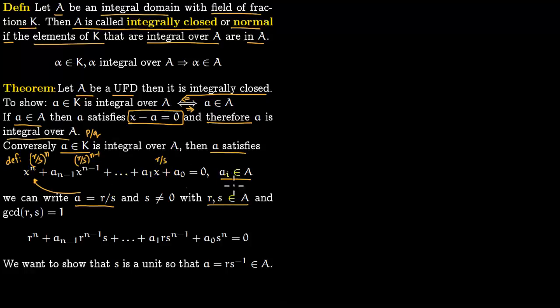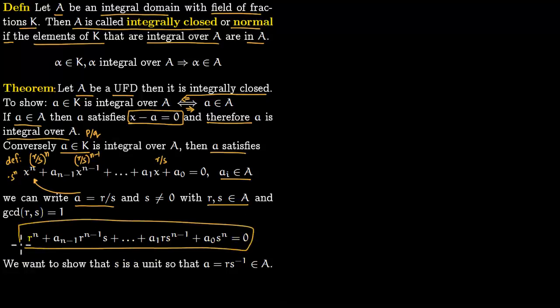Now you multiply the entire equation, both left hand side and right hand side, by s to the n. The first thing you get is r to the n, then a_{n-1} r to the n minus 1 times s, because you have s to the power of n minus 1 in the denominator. Here you just have times s to the power of n. So you get an equation like this.